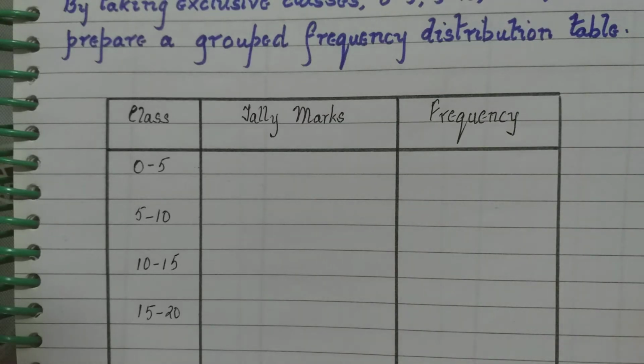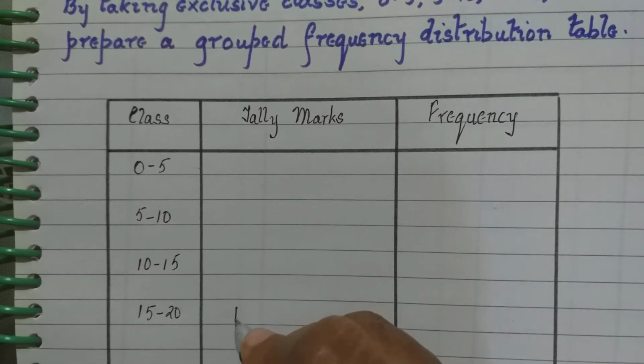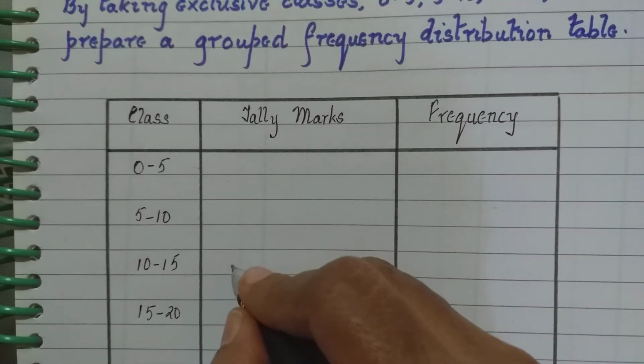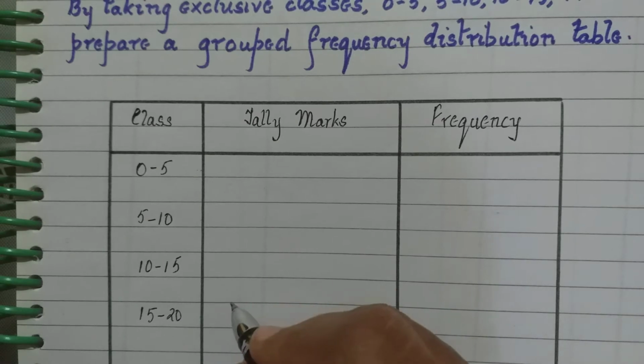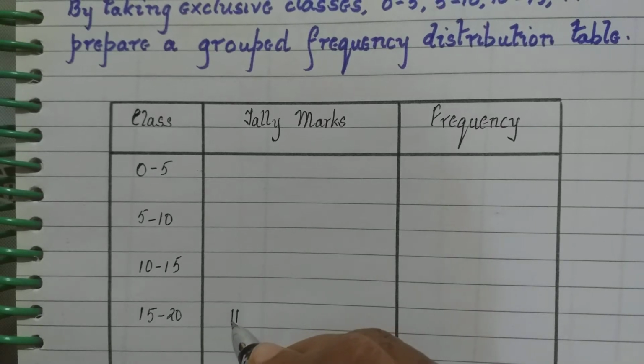Now let us put the tally marks according to the data given. First we have 16, then 15. Okay, when we write 15, we will write it in this class only because we have to consider the lower class limit. So 15 is written here.